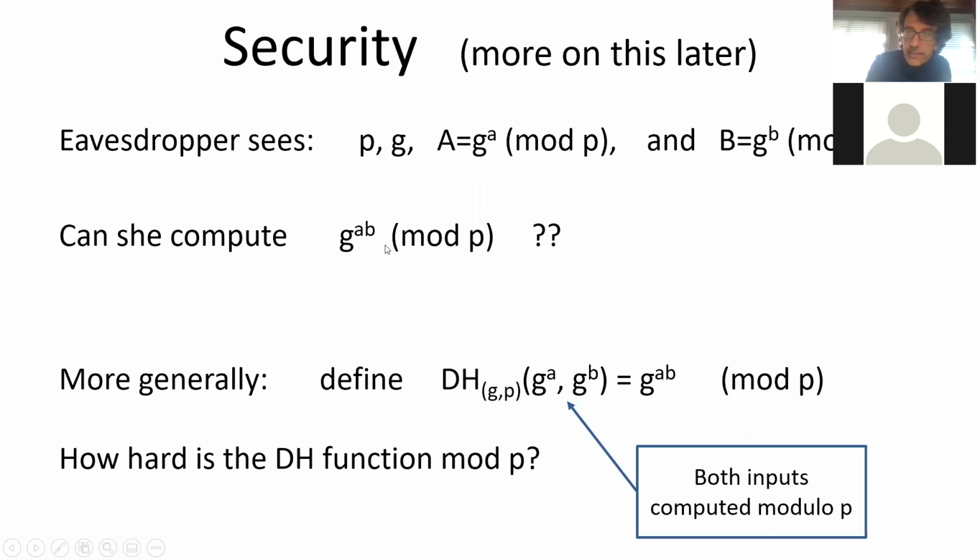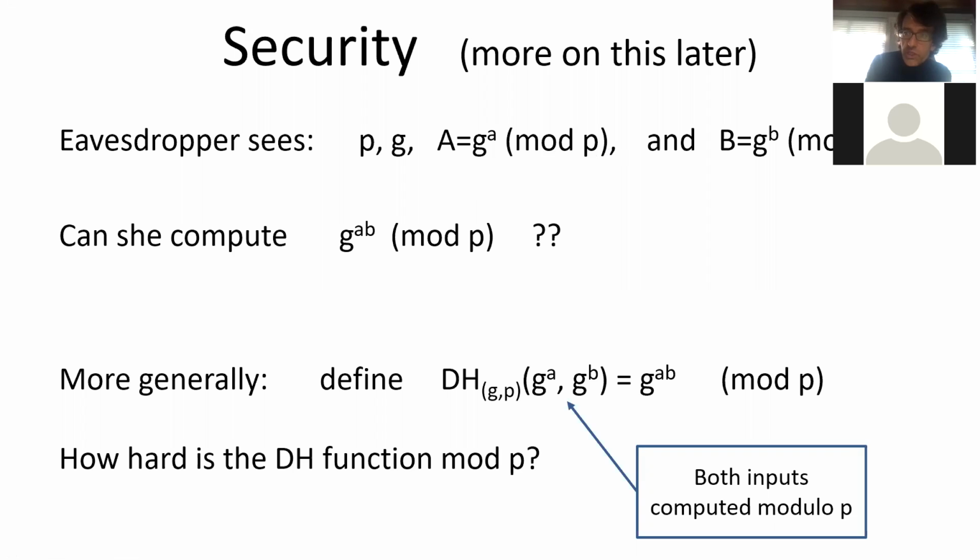Because that's what Alice does. She takes capital B and exponentiates it to little a, and she gets this. You could also compute this discrete logarithm, and you would also be computing this key that way. Of course, the basis of this algorithm is that discrete logarithm modulo large primes appears hard.